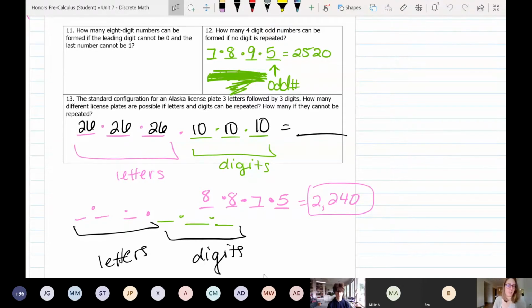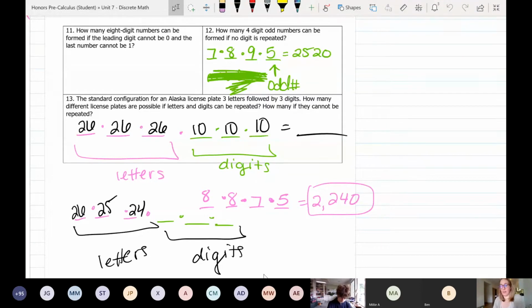For the letter boxes, the first one has 26 options because there are 26 letters in the alphabet. But now we're not allowed to repeat, so once we've used one letter in the first blank, we can't use it in the second blank, so we only have 25 options left. The third blank can't be either of the first two, so there are only 24 options left.